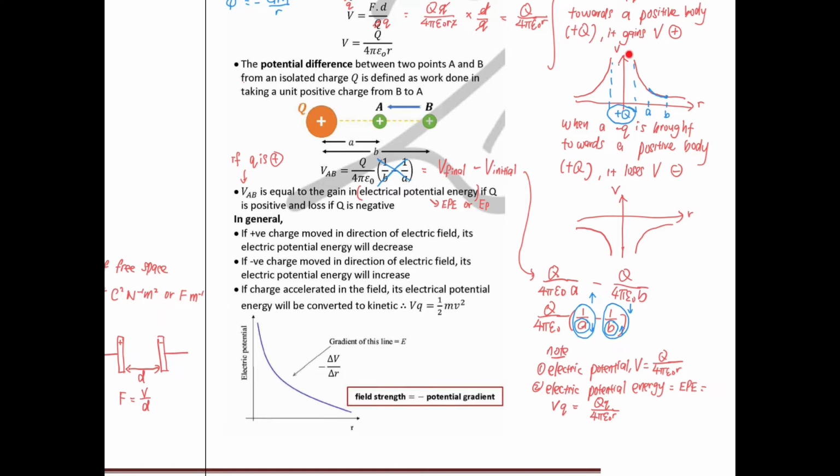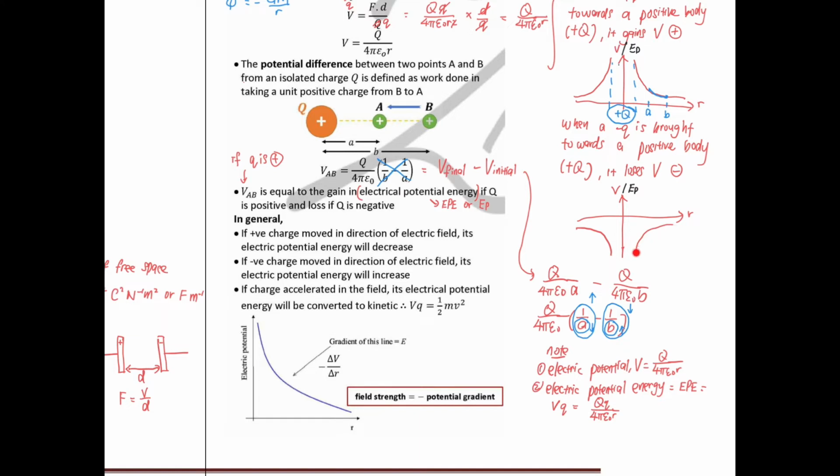So what am I trying to say is, instead of the vertical axis being V versus R, if I change it to electric potential energy, EP versus R, basically the graph will be the same, if both are positively charged. Likewise, if the small q is negatively charged and the capital Q is positive, the graph will still look the same, which means it goes down.